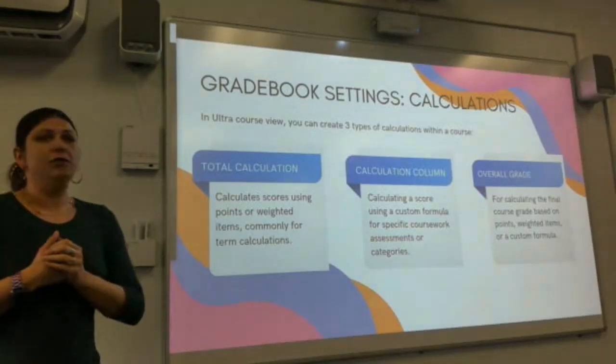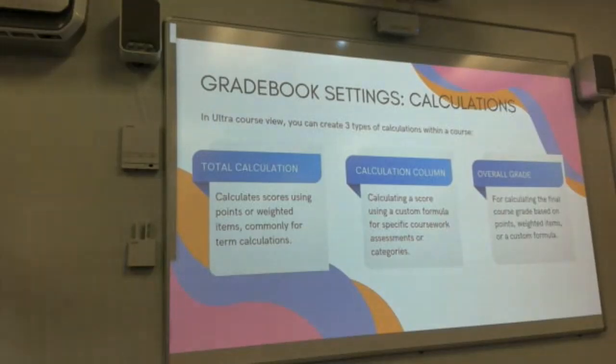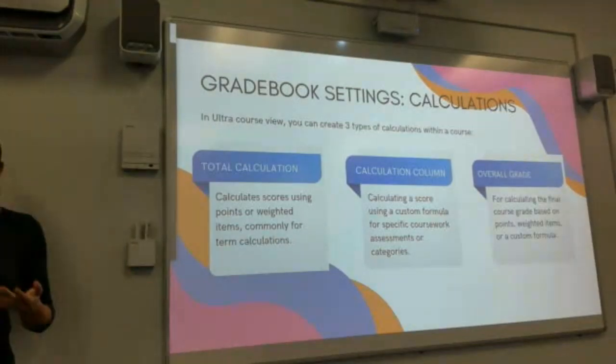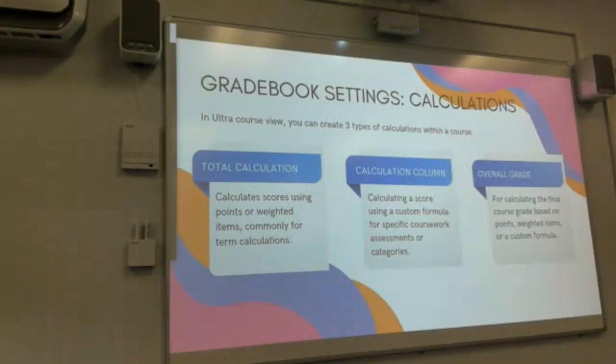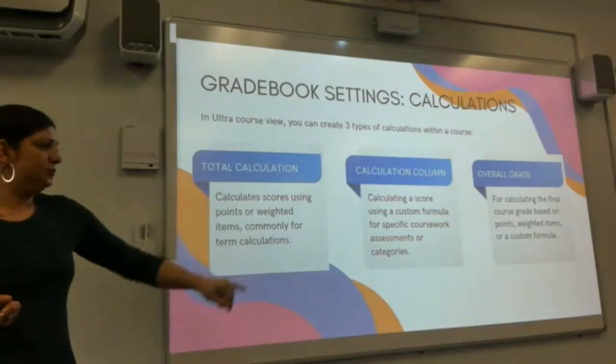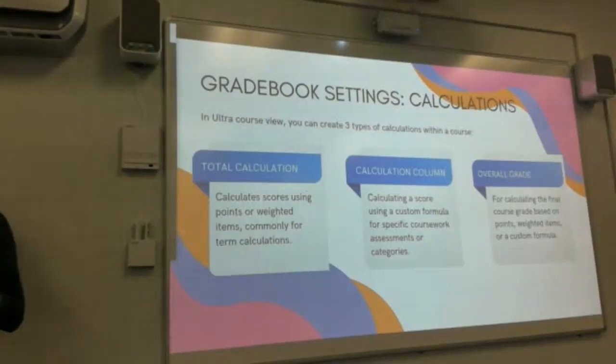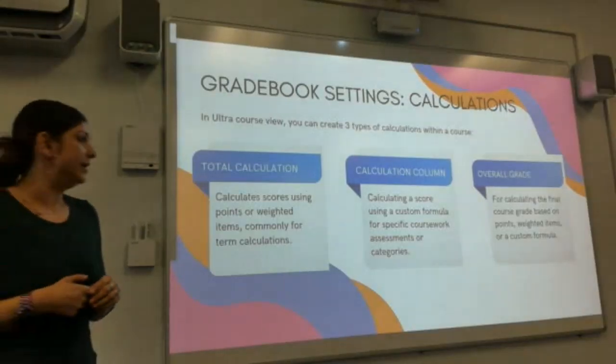Say you want your students to have a lab grade. It's a very common thing for lab-based courses to have their own separate lab grade. So you can actually use a lab category, and create a total column based on those labs.